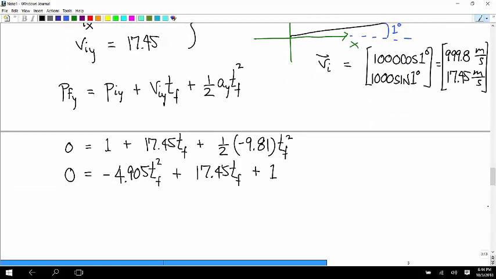How do we solve this equation? Yep, quadratic. So that's A, that's B, that's C. Is there anyone in here who has the quadratic formula on their calculator already? Oh yeah, could you punch that in?